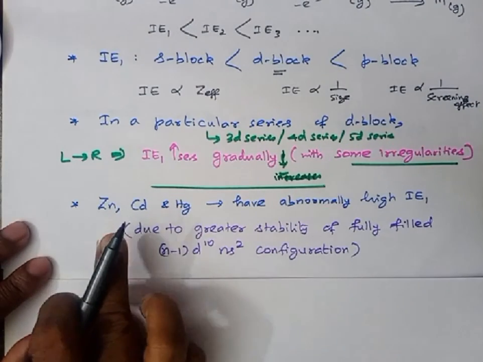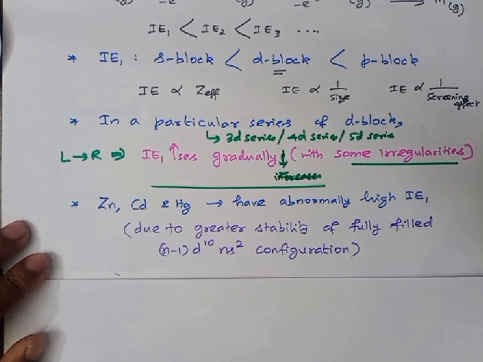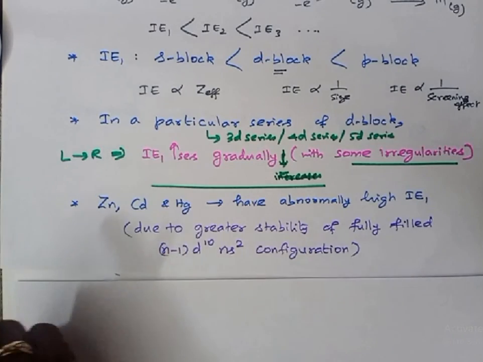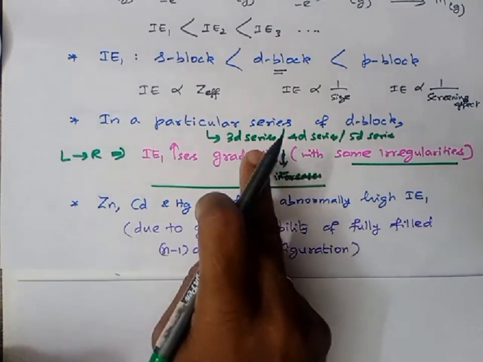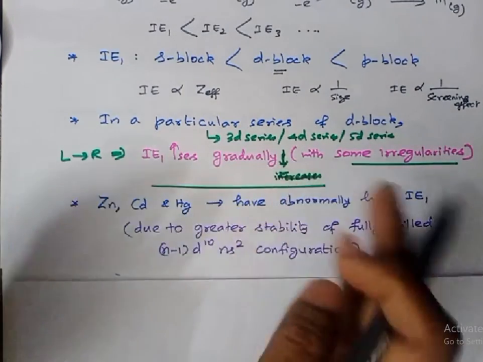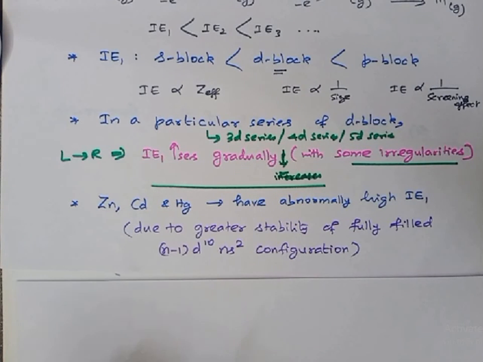This is another important point. In D block, when you move from left to right, first ionization energy increases in general. Why? Because size decreases. You know very well, size decreases, therefore ionization energy increases. But you know very well, the decrease of size is not uniform. We have seen that in the last class.